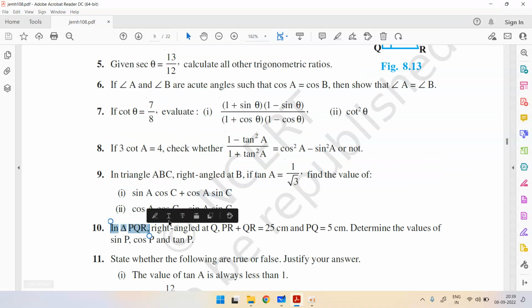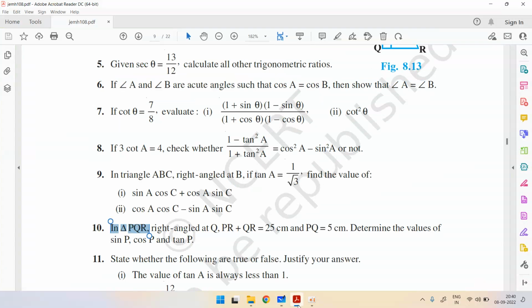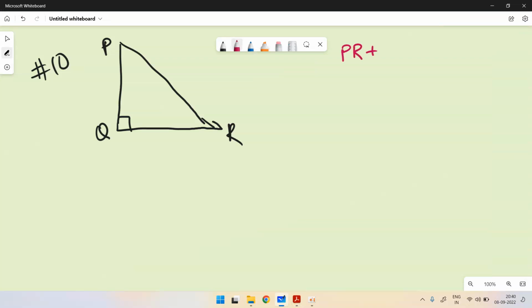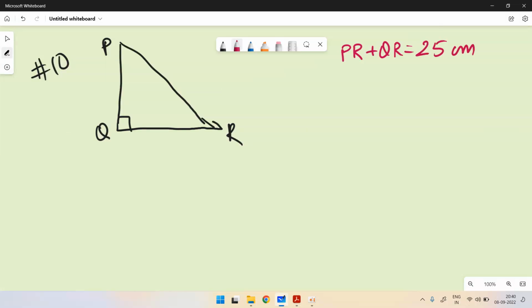In triangle PQR, right angle at Q, it is given that PR plus QR equals 25 centimeters, and also PQ equals 5 centimeters. So this is my 5 centimeters.